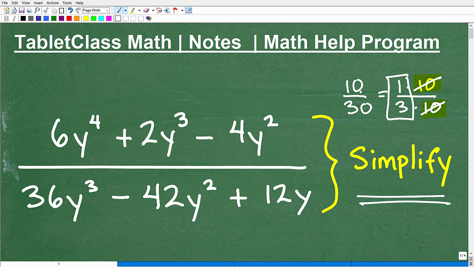So if you said, okay, 10 over 30, if I was to reduce that or simplify, it's the same word, that's equal to the fraction 1/3. Well, what you're really doing is you're factoring the numerator and denominator, looking for like factors, and you're cross-canceling them, okay? That's really the procedure. Even if you didn't realize that's what you were doing, that is in fact what you have been doing.